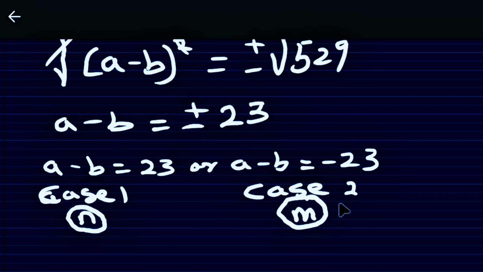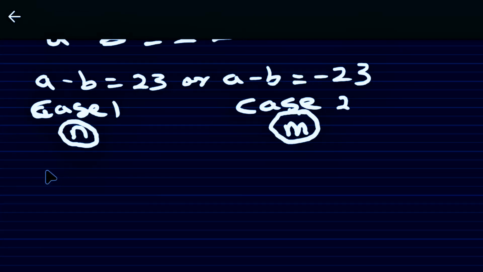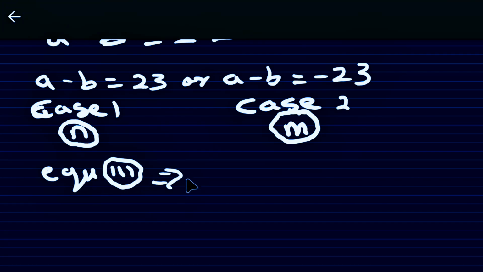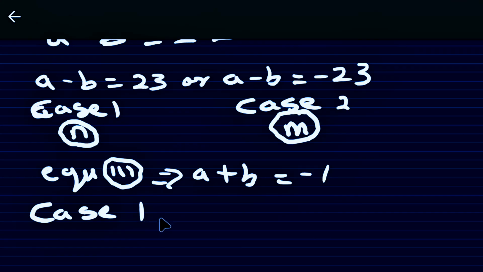I have a reason for doing this. So from here, remember that we have our equation 3, a plus b equals minus 1. Now this is equation 3, and we'll have equation n here and equation m. So let's solve for case 1 here.